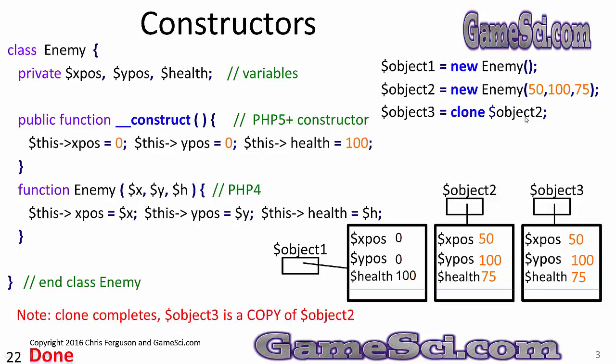PHP does not support overloaded constructors, so you can't have 2 constructors in the same object. But I wanted to show you both ways, and I didn't want to do 2 slides. Moving on. Those are constructors. The big question when you're building a constructor is PHP 5 and greater or PHP 4. Which style do you want to use?